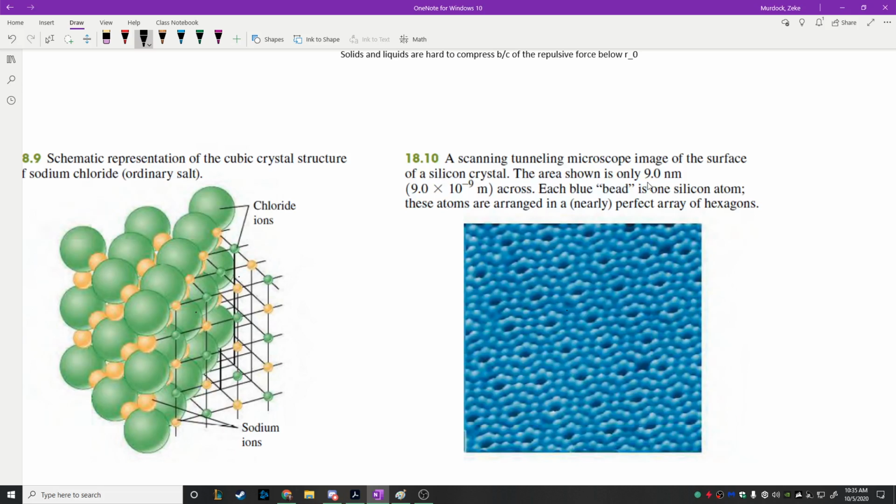The area shown is only 9 nanometers from left to right, and contained within that are hundreds of individual silicon atoms. They happen to be arranged in a perfect array of hexagons. It's kind of beautiful, the amount of regularity that you see right here.